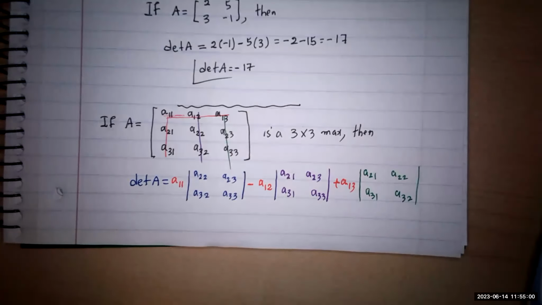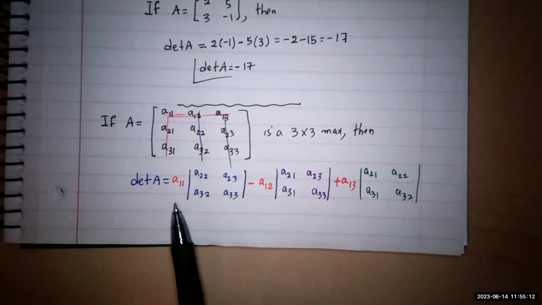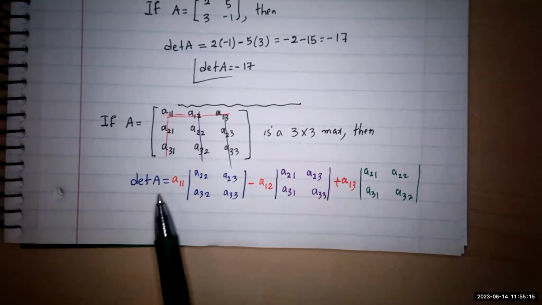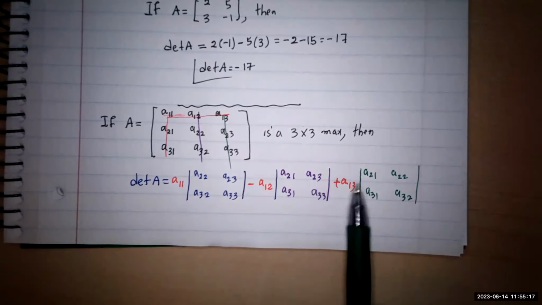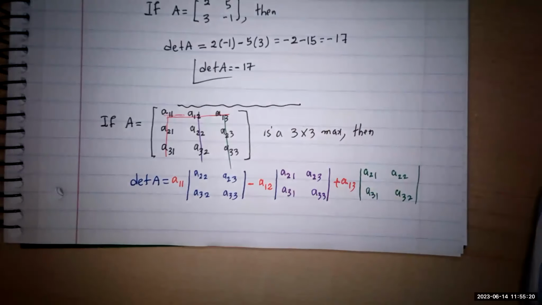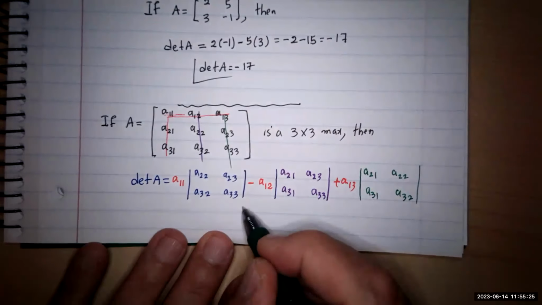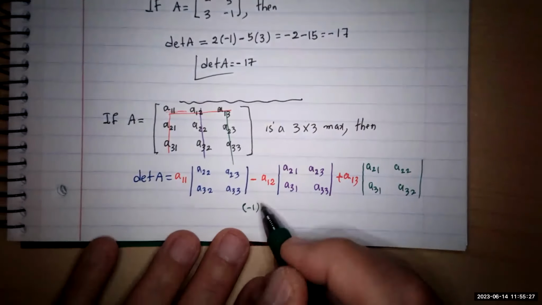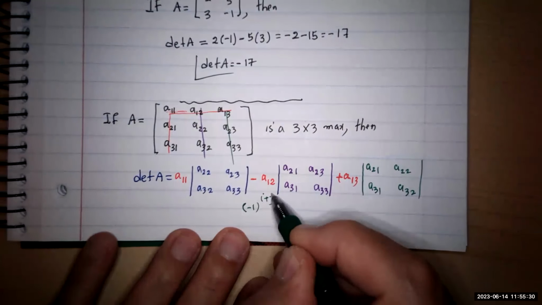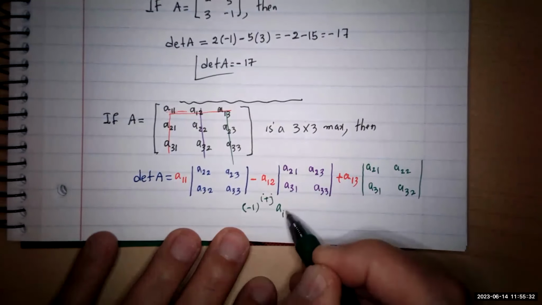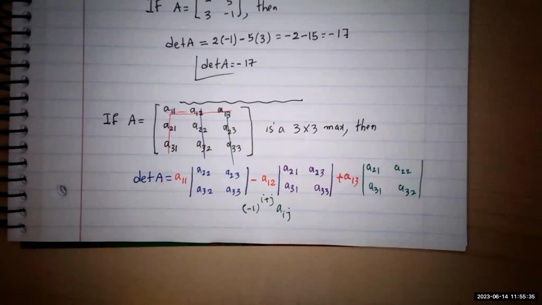Again, you can use your calculator to find it, of course. Why do we add A13 instead of subtracting? No, you see, the signs are going to be positive, negative, positive. In general, in linear algebra, these coefficients are (-1) to the power i plus j, times the A i j.